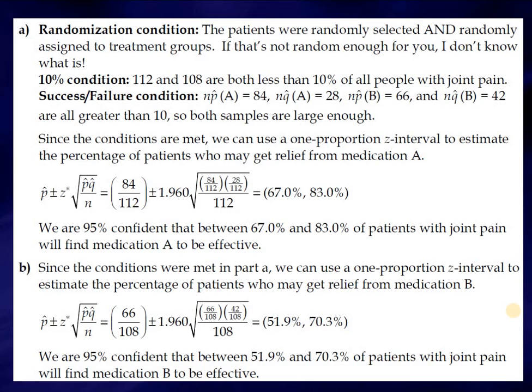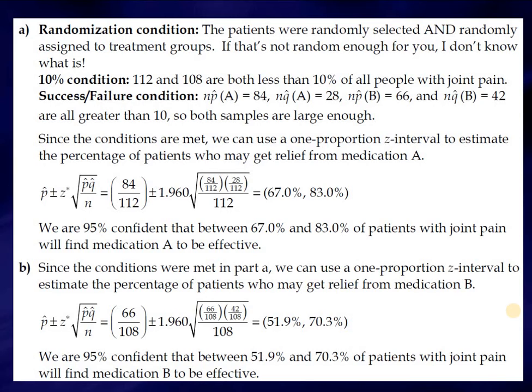Any questions on this? Now, if I wanted to compare medication A to medication B, would you say that there is a difference between the medications? There's not enough evidence? Why? 100%. There's not enough evidence to say if we look at these two separate intervals.